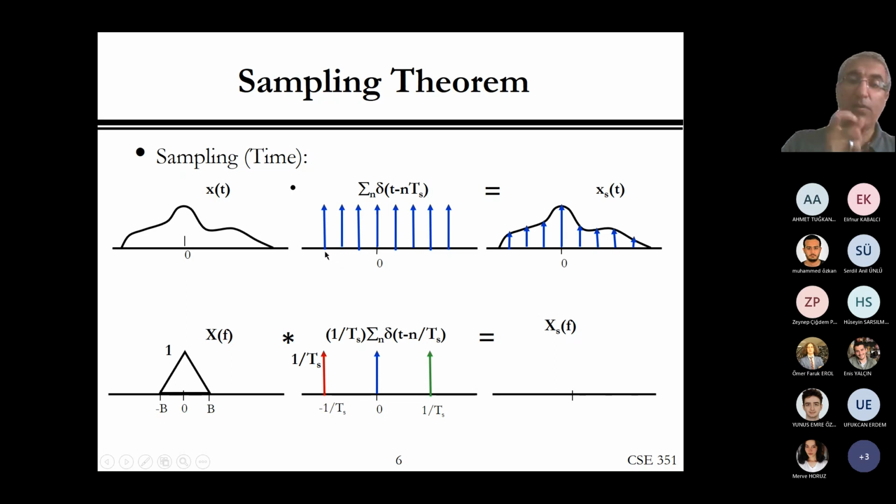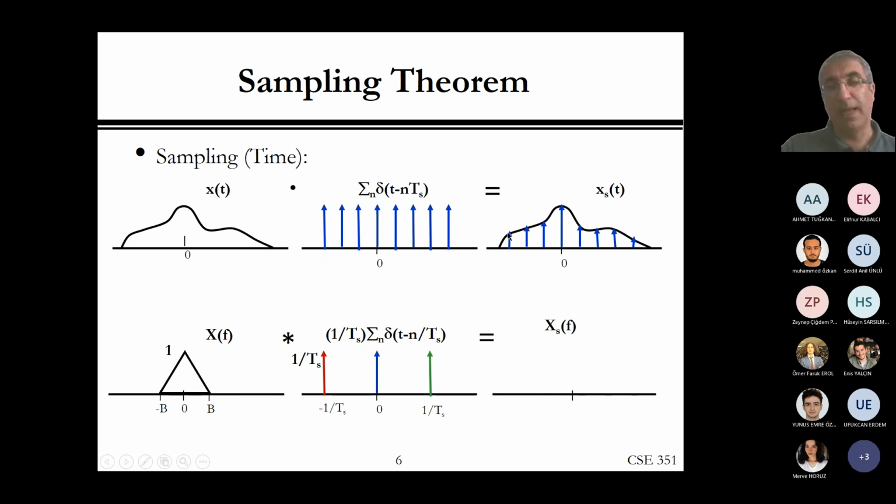So how often you are going to collect a sample from this x of t is determined by Ts, the sampling time. If you decrease this Ts, you're going to collect more samples. If you increase this sampling time parameter, you are going to collect a smaller number of samples.